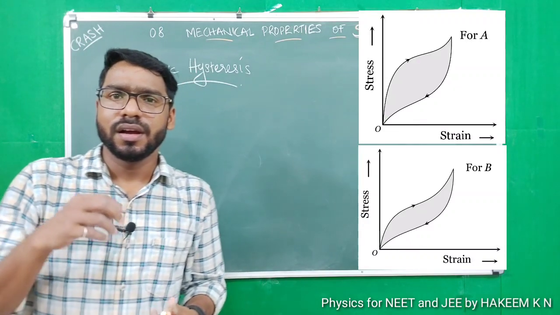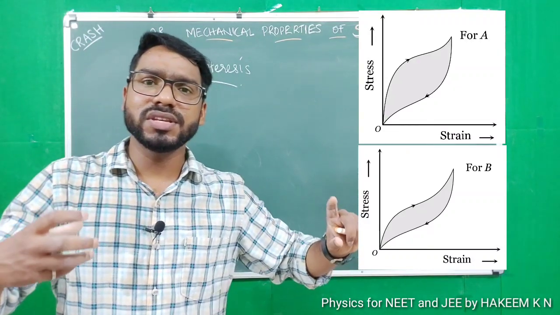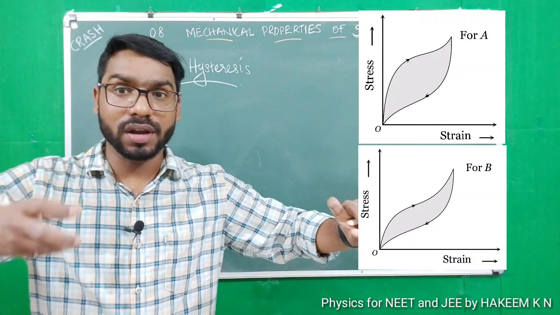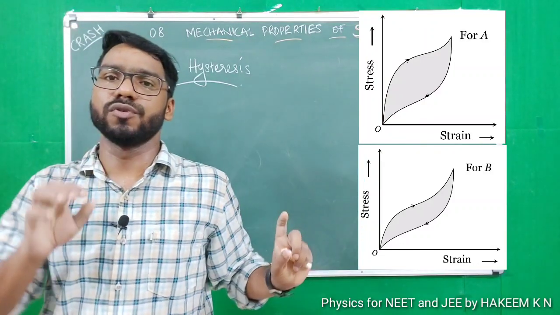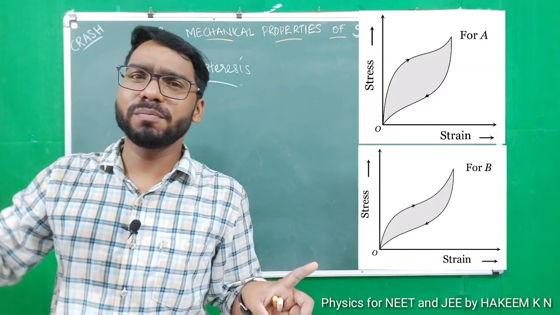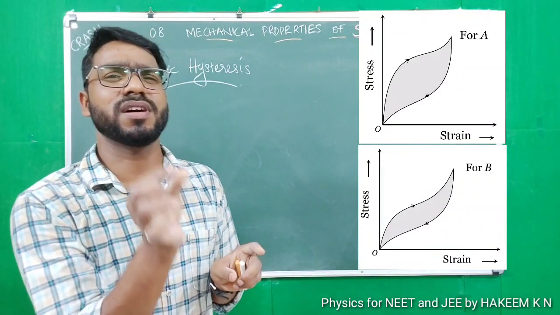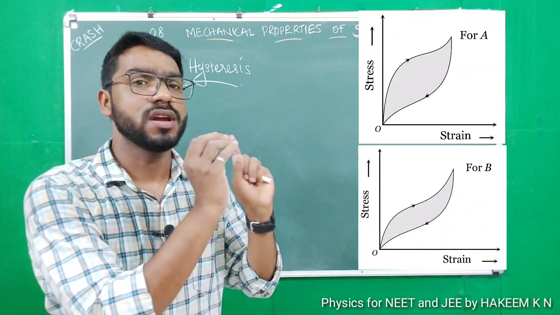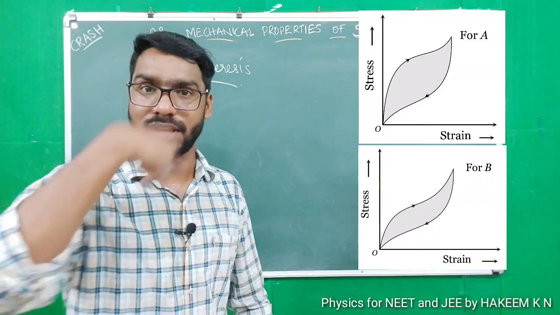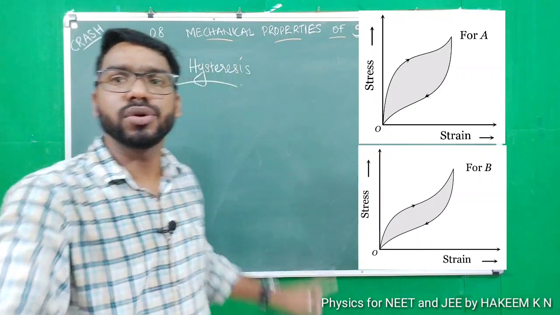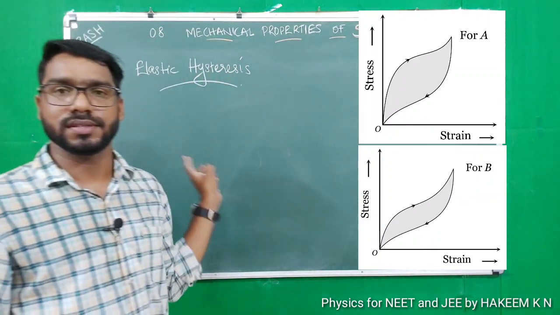But the work done by the external force will not be completely converted into elastic potential energy. A part of the elastic potential energy is lost in the form of heat. That is shown by elastic hysteresis.